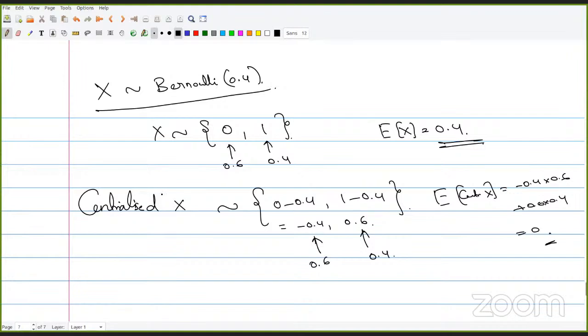So I will subtract this 0.4 from every possible value, 0.4 from 0 and 0.4 from 1. Once I do that, I get the centralized x. It will take values minus 0.4 and 0.6 with probabilities 0.6 and 0.4. So the expected value will be 0.